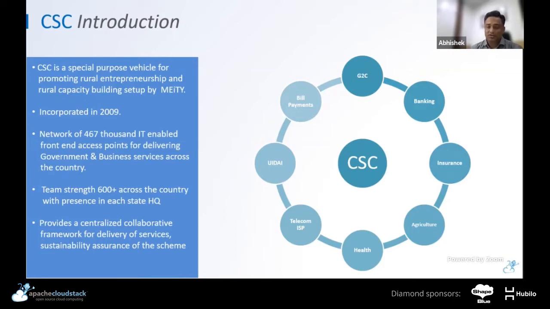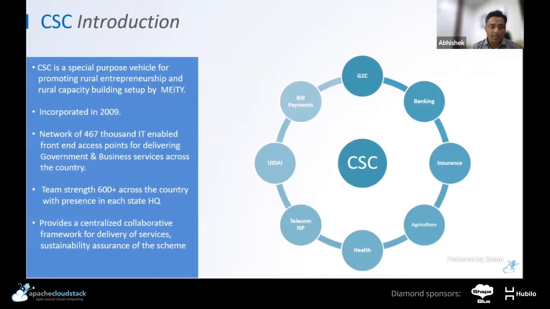So we started off with the project version 1 in 2006, where we had approximately the mandate of having 1,100,000 kiosks all across the country. And in the year 2015, when I joined the CSC network, the mandate was again a revision, CSC 2.0, where it was decided that we bring up the network to 2.5 lakhs, approximately covering all of the lower segment of the governance body in the country, which is the Gram Panchayats, or the county offices, as you may compare it to any foreign nation.